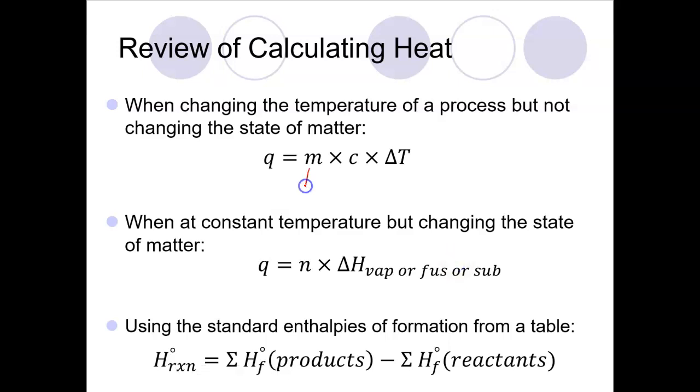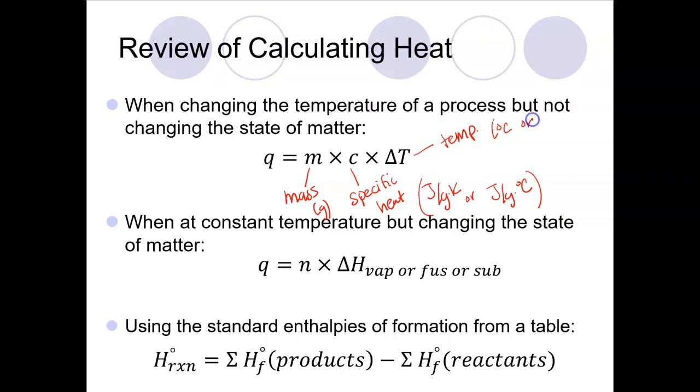M stands for mass, typically in grams. C stands for specific heat, typically in joules per gram Kelvin or joules per gram degree Celsius. And delta T is the change in temperature. The units can be either degrees Celsius or Kelvin.